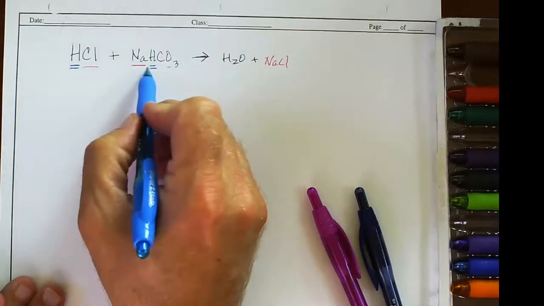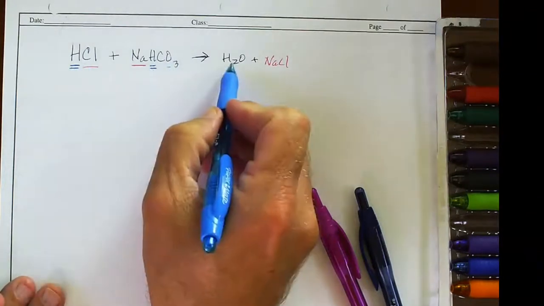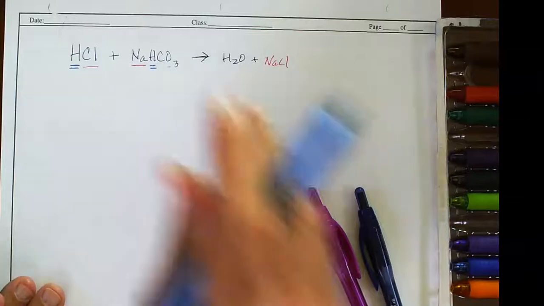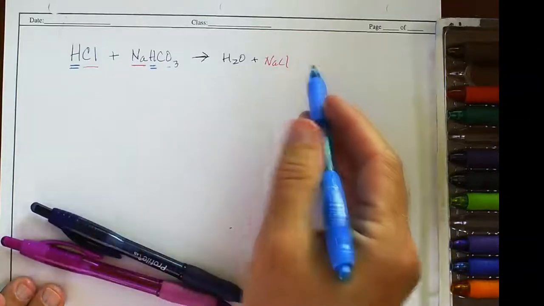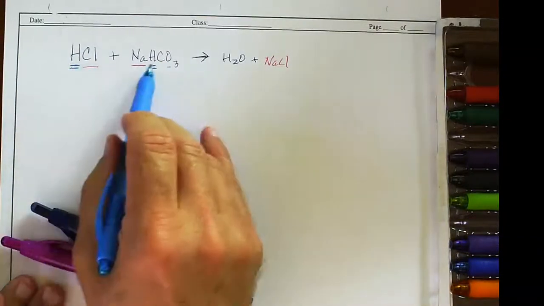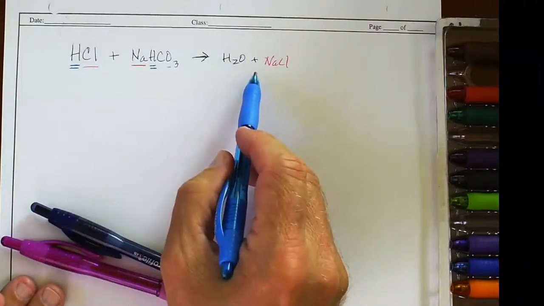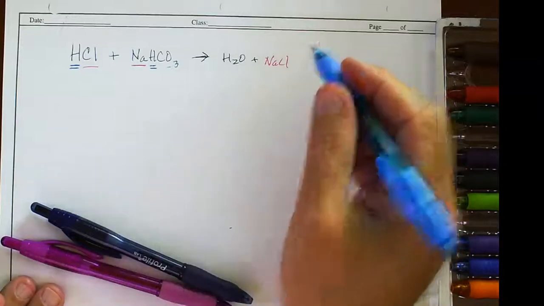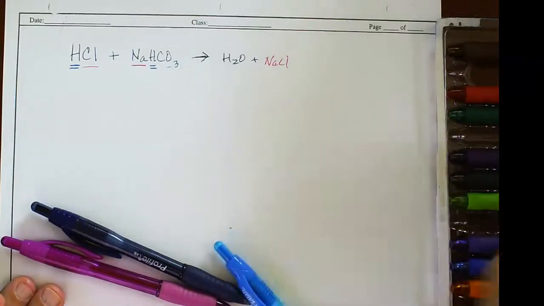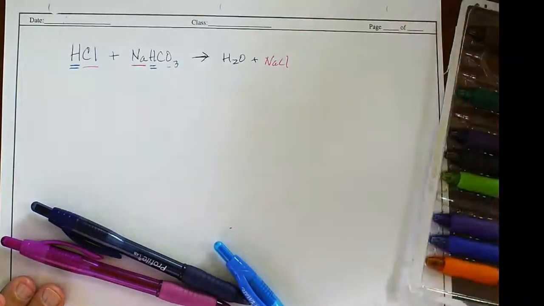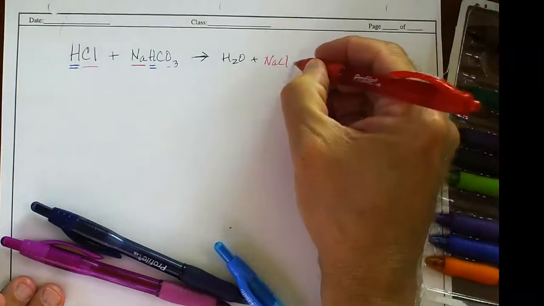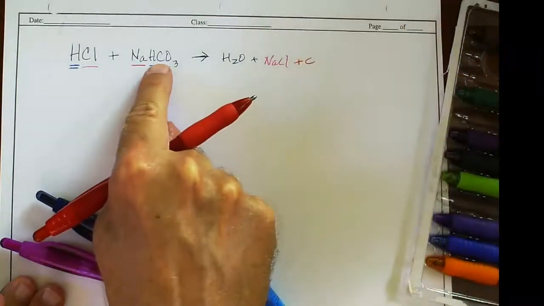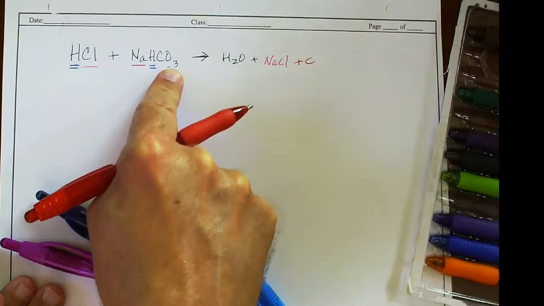So that hydrogen, and one of those 3 oxygens makes the water. But that doesn't account for everything. That's got the hydrogens and one of the oxygens. That's got the sodium. It's got the chlorine. What is left? Well, what's left is the carbon here and the other 2 oxygens.